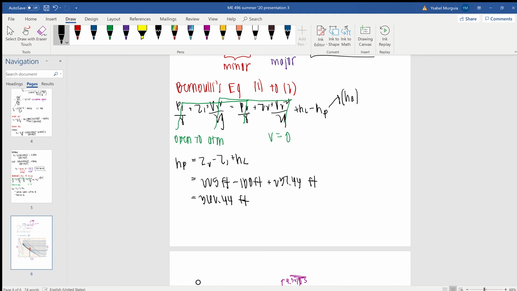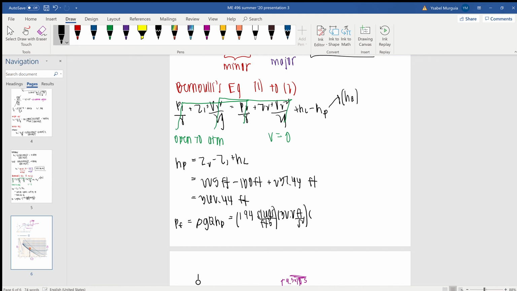Okay, and we can go ahead and plug this into the equation for power done on the fluid, work done on the fluid. Rho G, this is actually Q, not H. So plugging this in, we get 1.94 slugs per foot cubed times 32.2 foot per second squared.